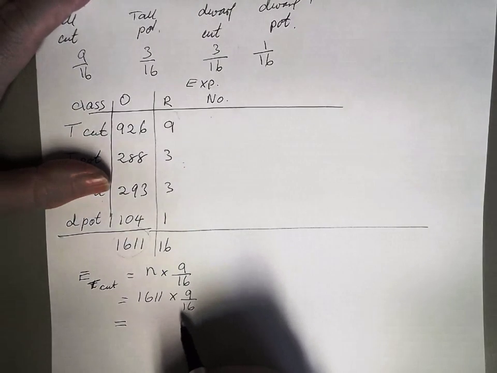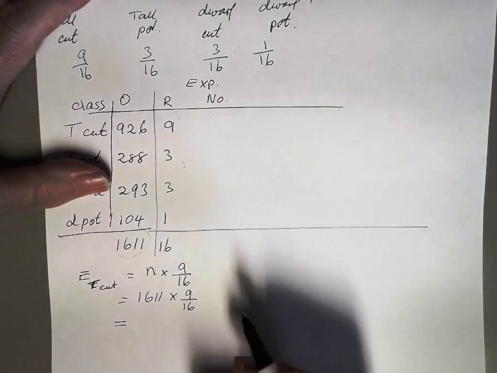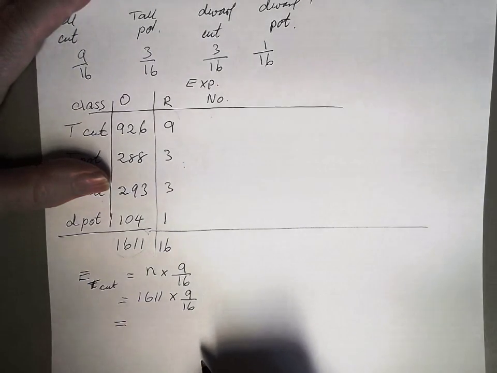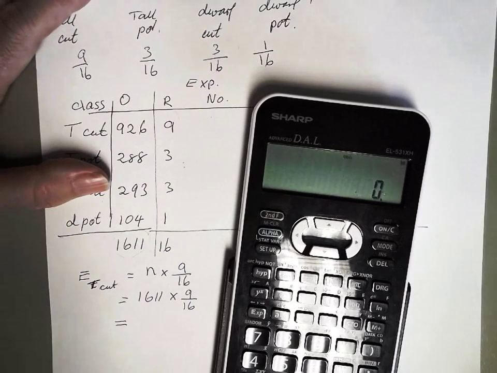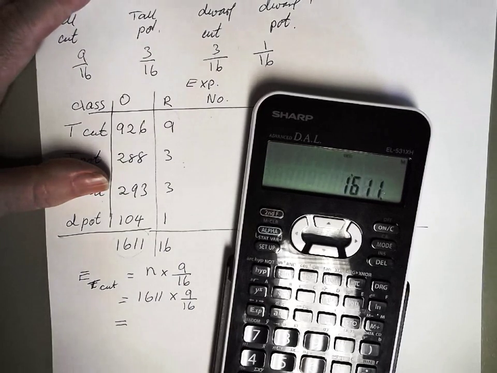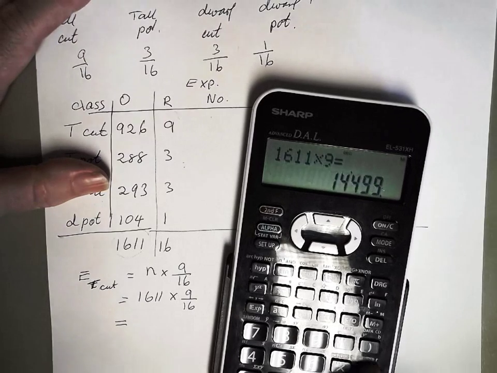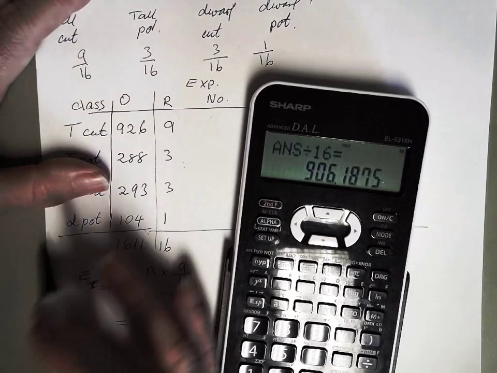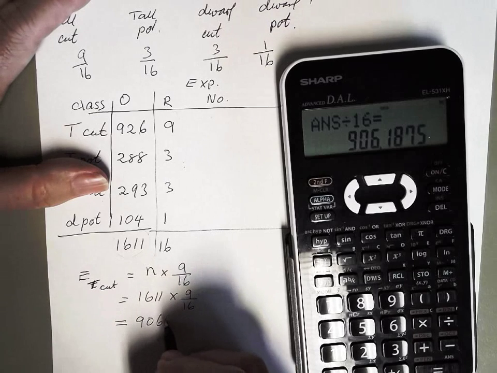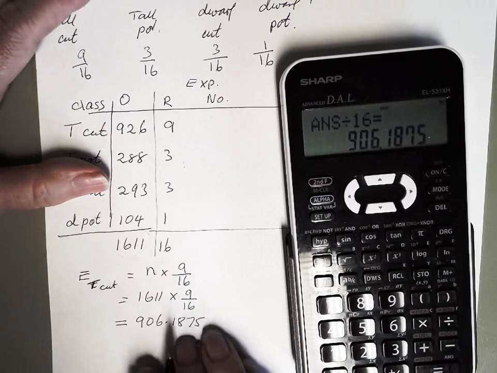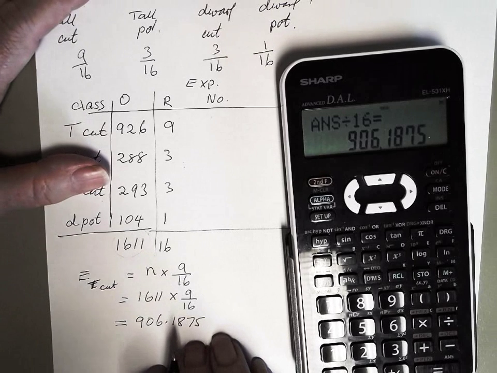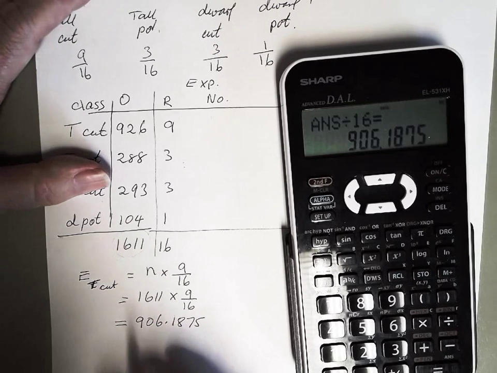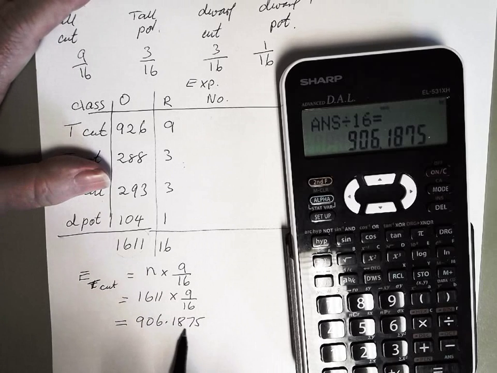I could have converted 9/16 to a decimal, but it's just as easy on the calculator to work it that way. So I'm going to take my 1611, multiply that by 9, and then divide it by 16, and I get 906.1875. It's quite important that you keep decimal places in there. You don't round that off to 906, because this is what we would expect on average if we repeated the exercise again and again.